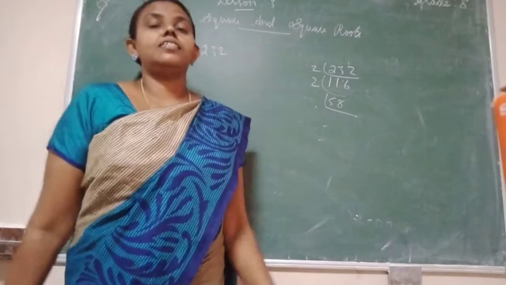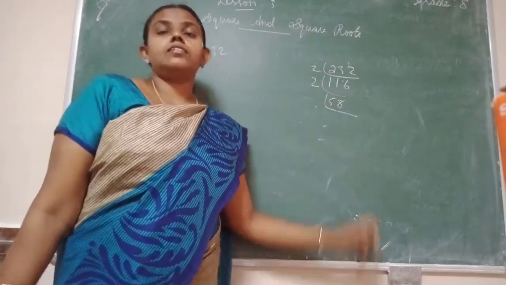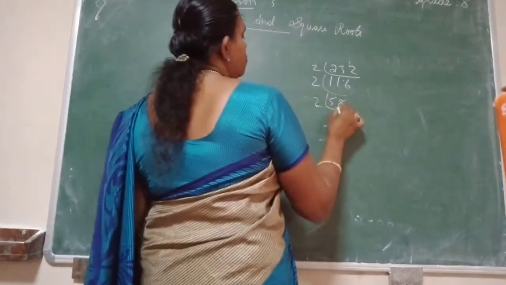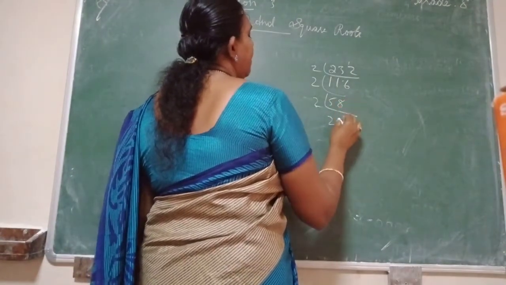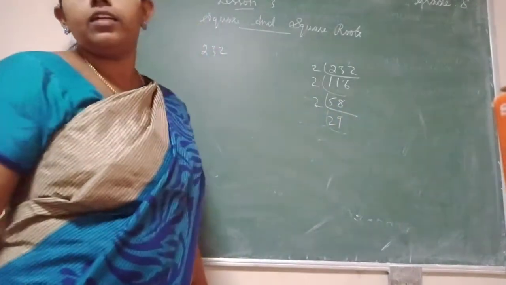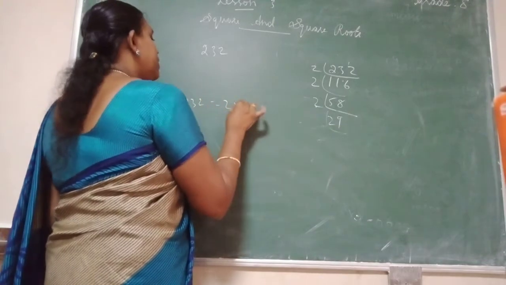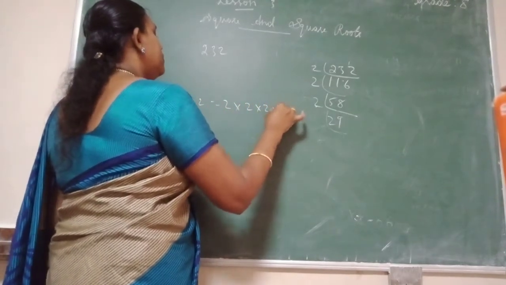Prime factorization. This is not 8th standard portion, this is second standard portion. Again 2. 29. Is there any other to go for? No. So 232 can be written as 2 into 2 into 2 into 29.